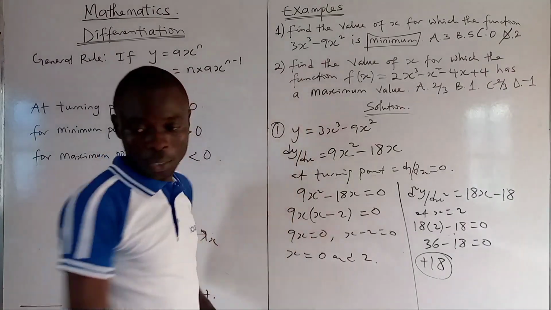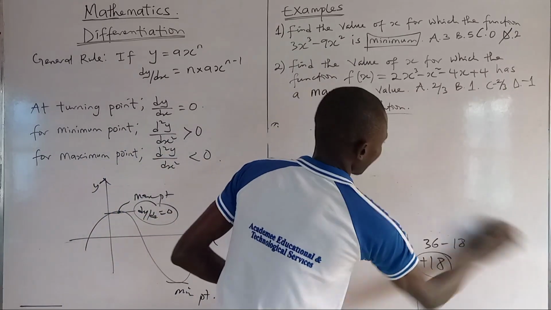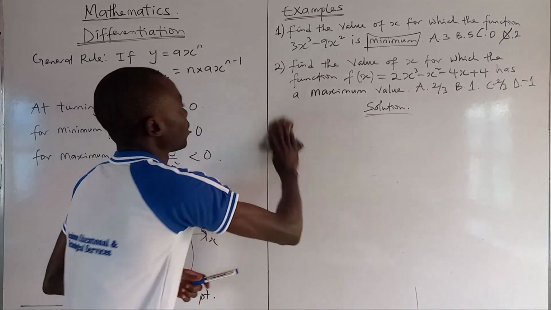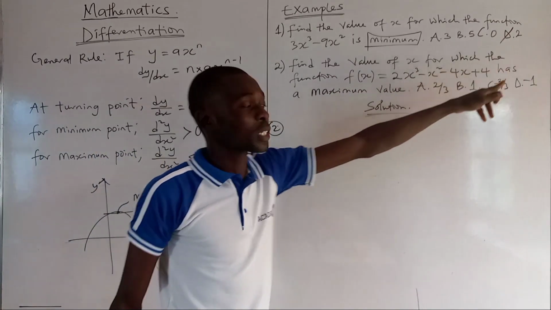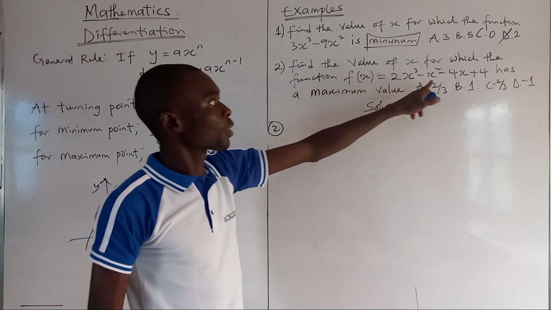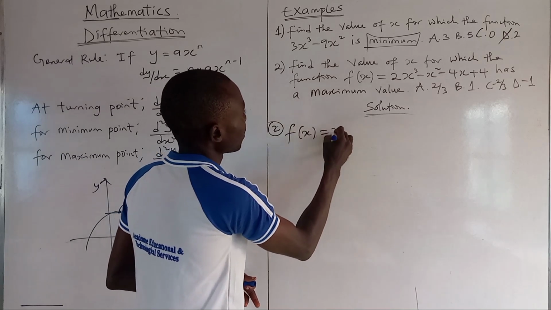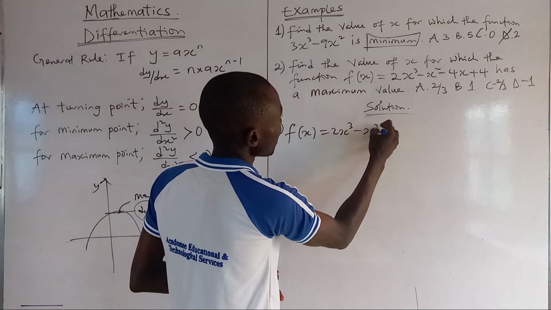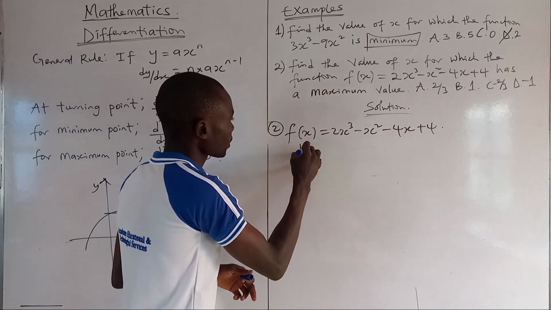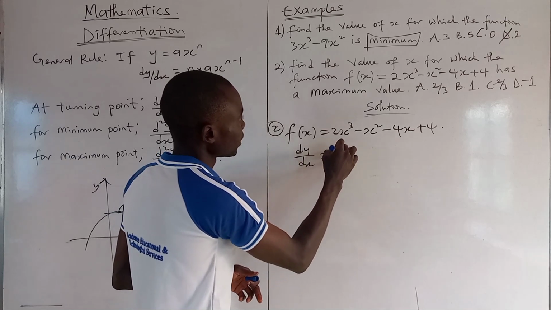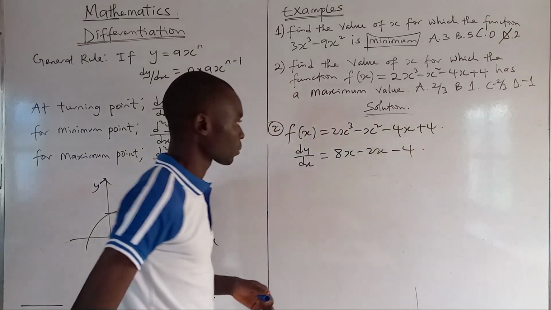Now let's go for the second question. Looking into this, find the value of x for which the function f of x equals 2x cubed minus x squared minus 4x plus 4. When you take the first differential, dy dx is going to be 6x squared minus 2x minus 4.